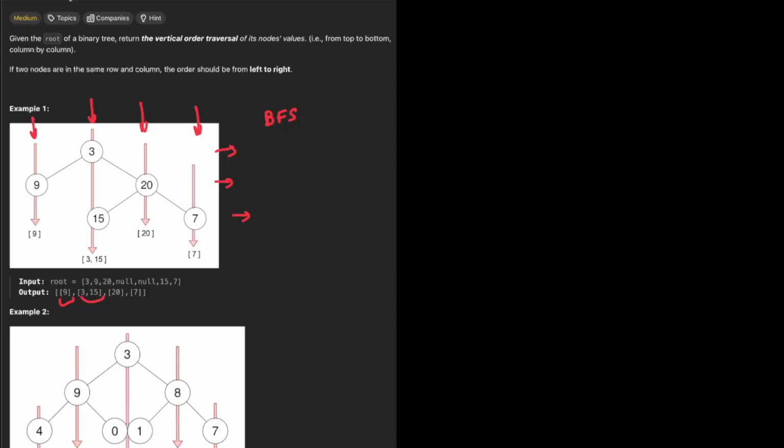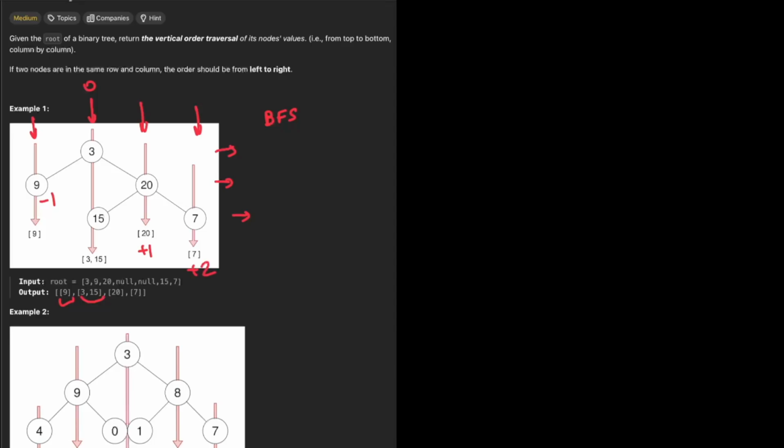Visiting column by column, creating groups of columns. One thing is certain, we have to keep track of which column we are visiting for each of these nodes. If you consider the column ID of the root node as 0, then we can create a numbering: if we are moving towards a left child, we make it less by 1, and if we are moving towards the right, we make the column more by 1.